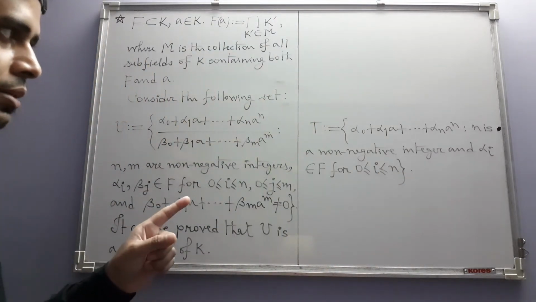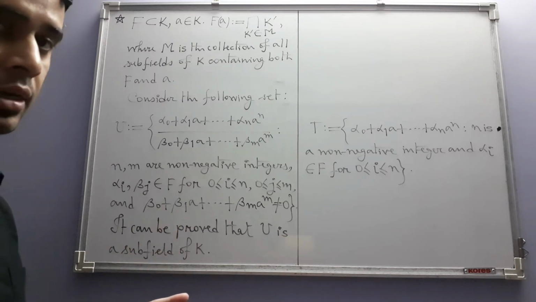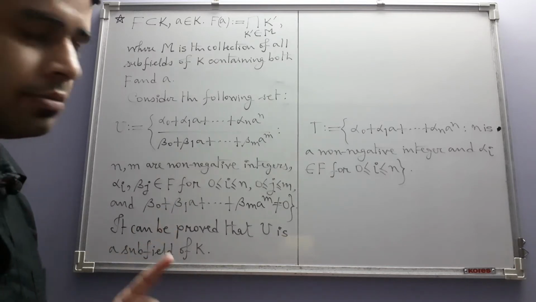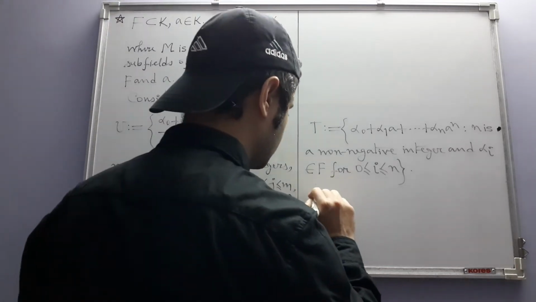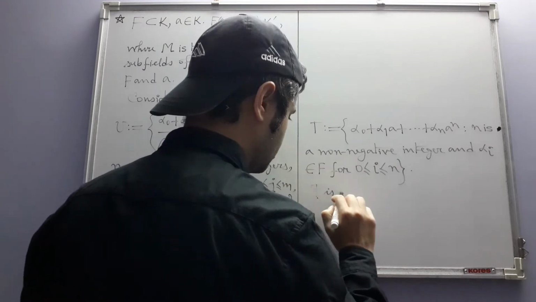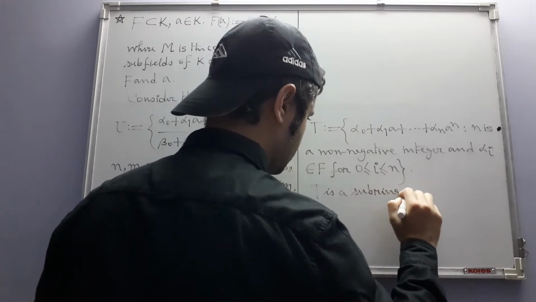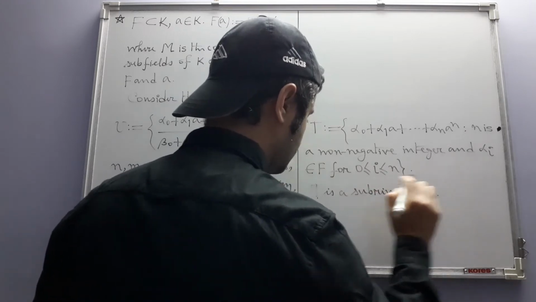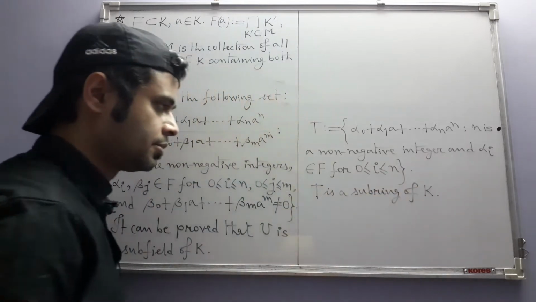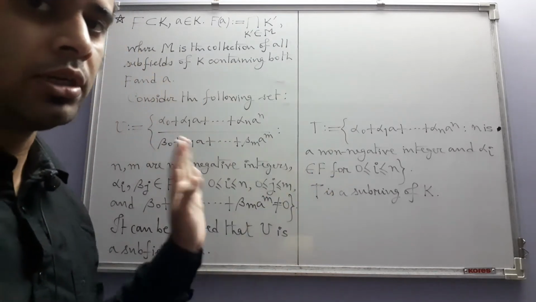You prove that this set T is a subring of K. You first show this, which would be a routine task.